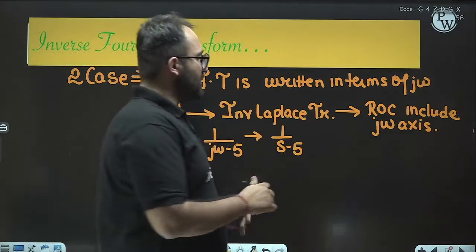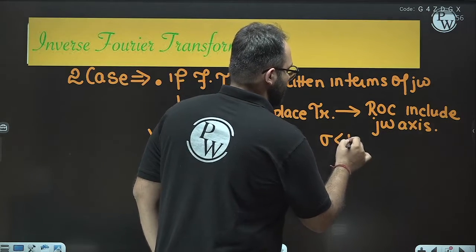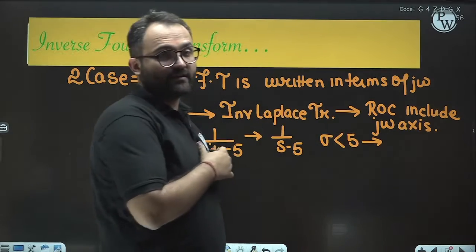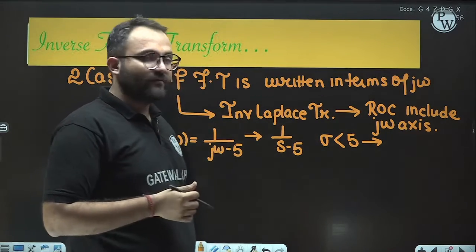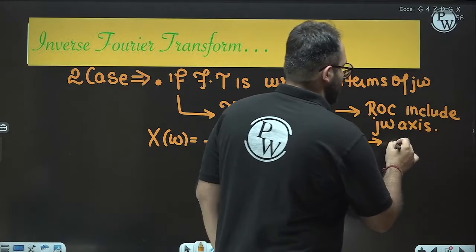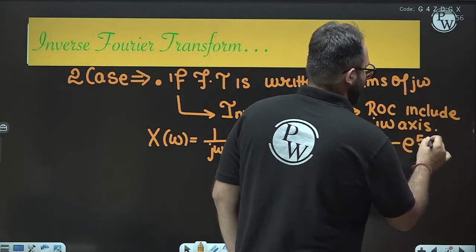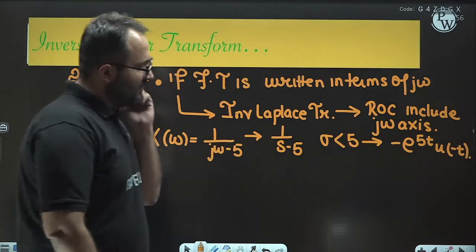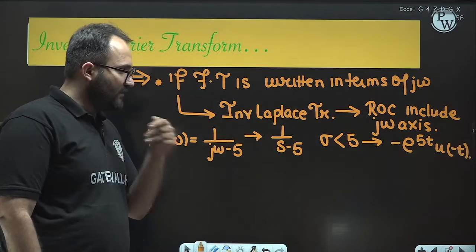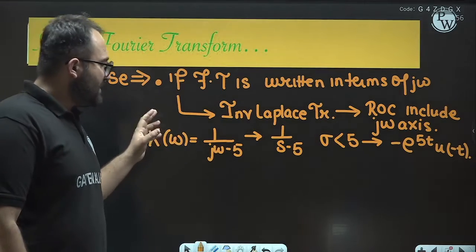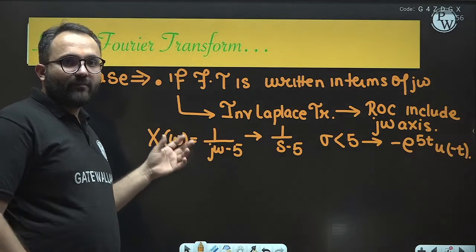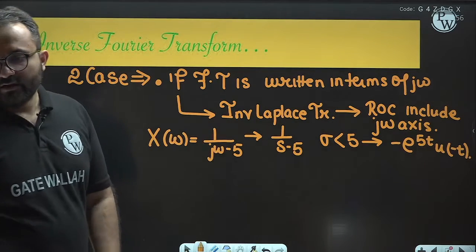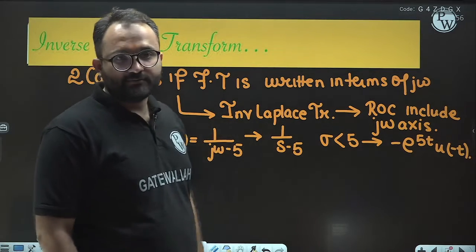So we'll choose the ROC that is sigma less than 5. So the signal will be a left-sided signal, and it will be equal to minus e to power 5t u of minus t. So in any equation, if we have a polynomial function of j omega, we'll use Laplace transform for finding the inverse. Always remember that.